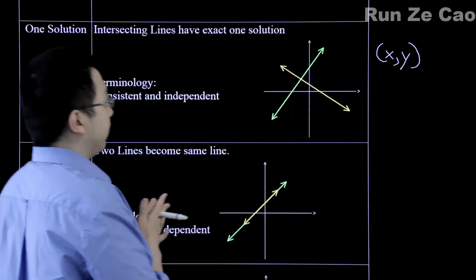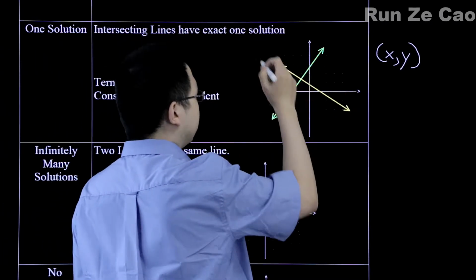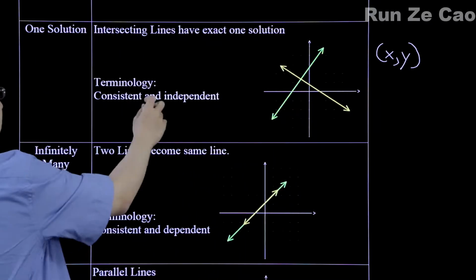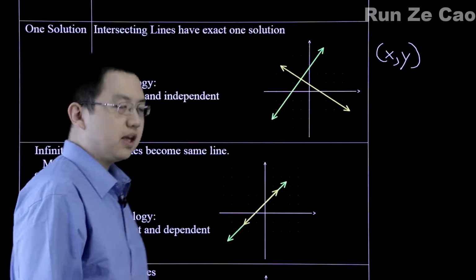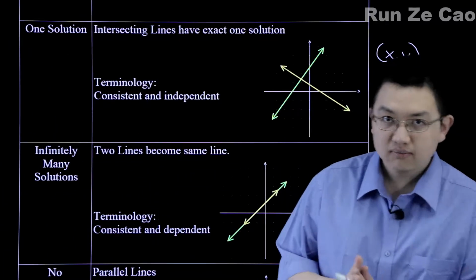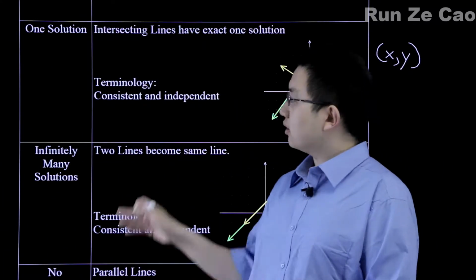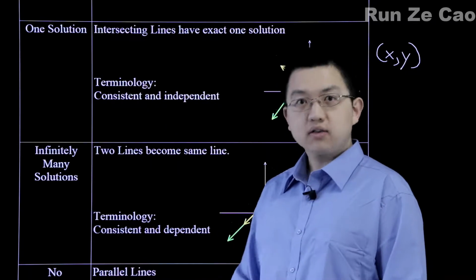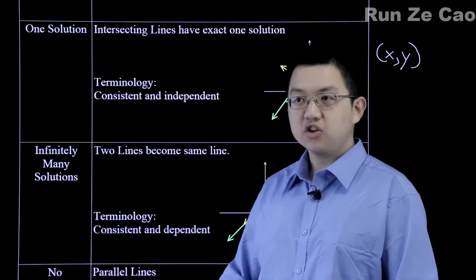When plotted, these only intersect at one point, in which case we call this consistent and independent. Consistent being at least one solution exists. So for these two equations to both be true is realistic. It is not impossible.